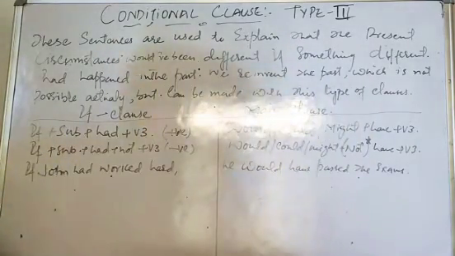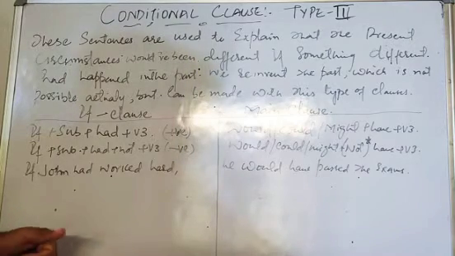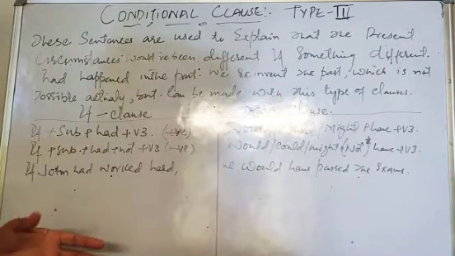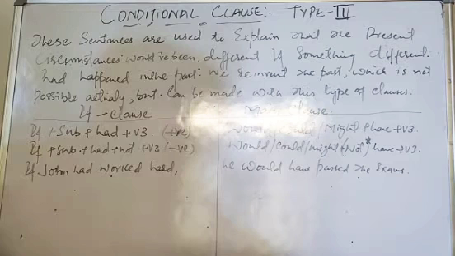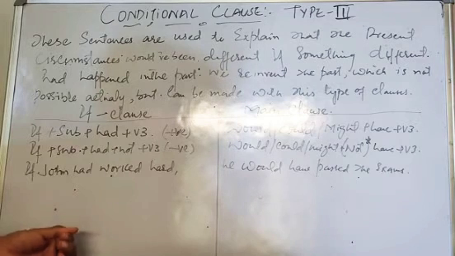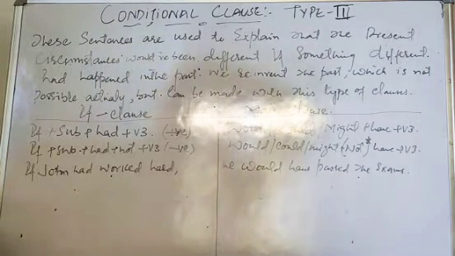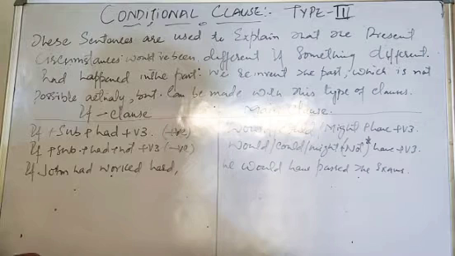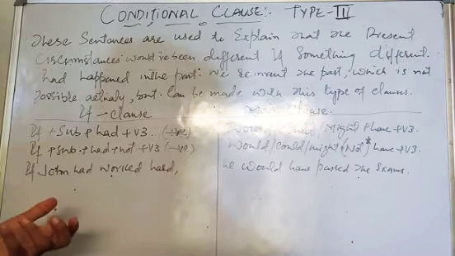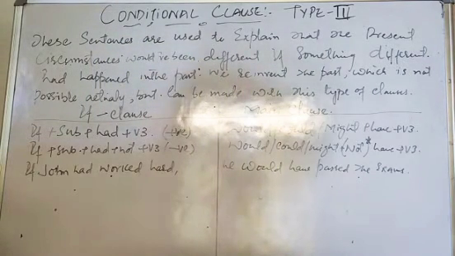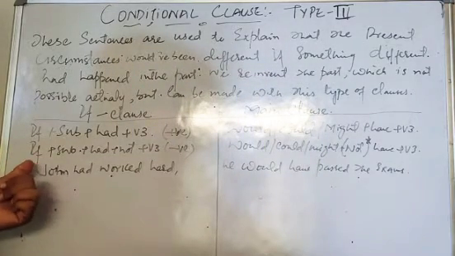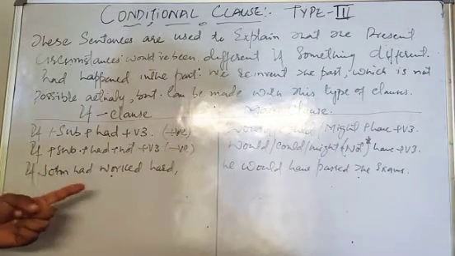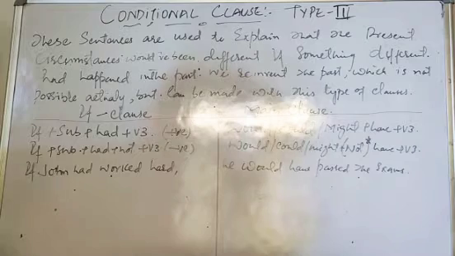For example, I have written here, if John had worked hard, he would have passed the exam. Since we know John hadn't worked hard, John failed in the examination, so we want to recreate that past. We will say if John had worked hard, he would have passed the examination. If we have to make its past negative form, we will use if plus subject plus had plus not plus v3.